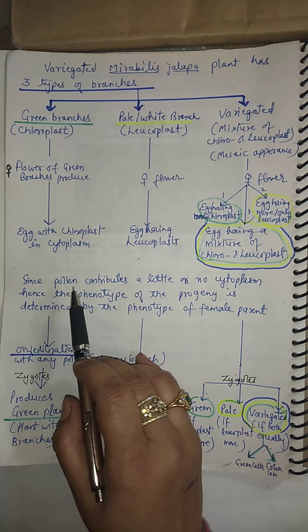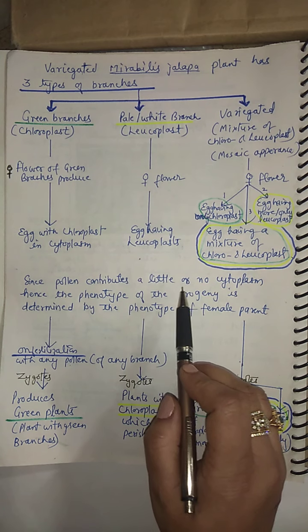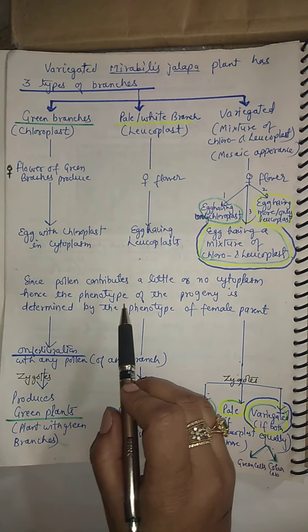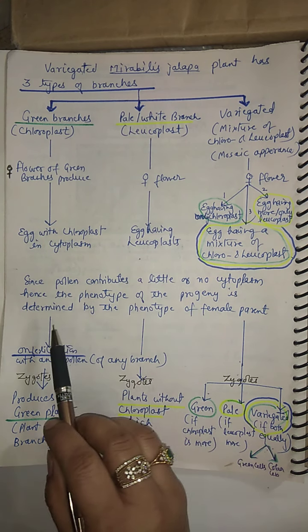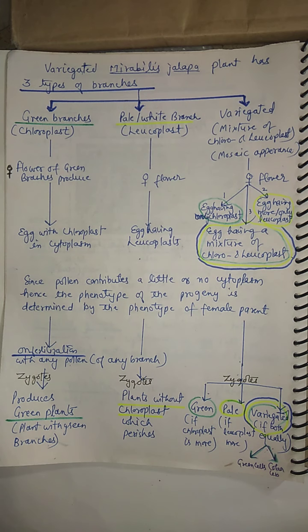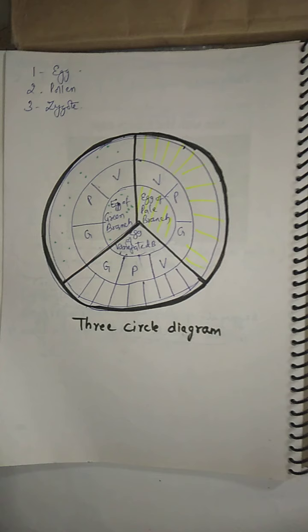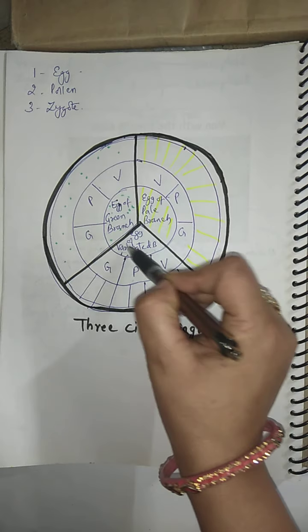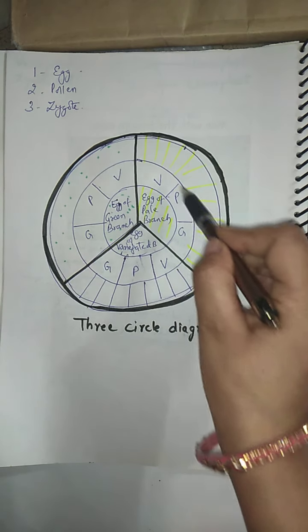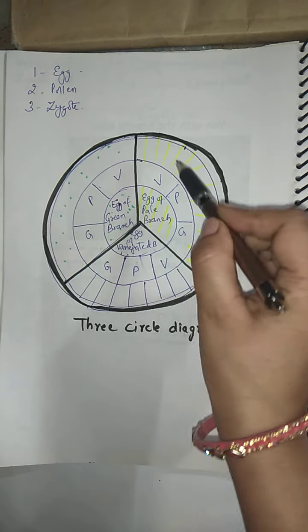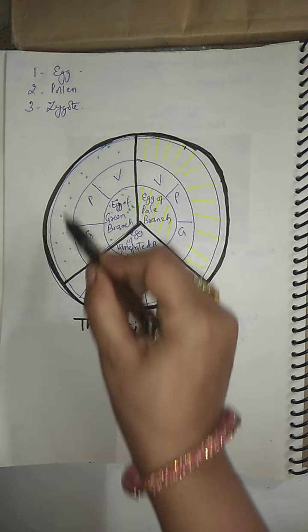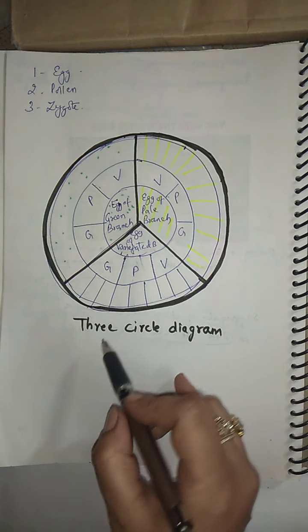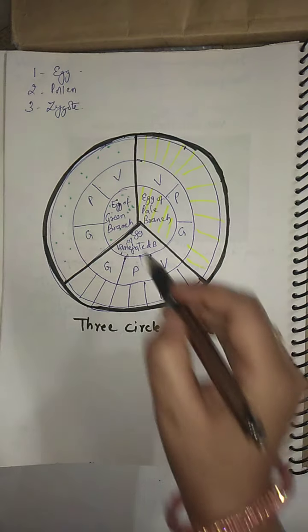According to him, since the pollen contributes little or no cytoplasm, the phenotype of the progeny is determined by the phenotype of the female parent. In a nutshell, if we represent eggs by a central circle, the type of pollen by an outer circle, and zygotes by the external circle, there is a three-circle diagram.